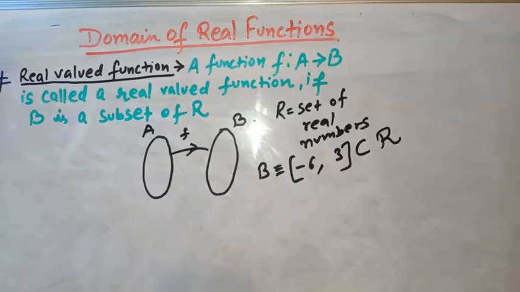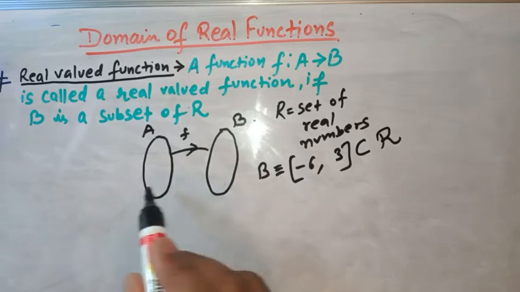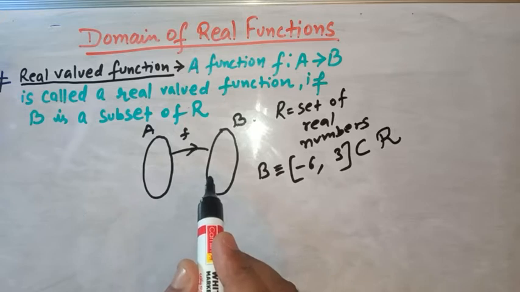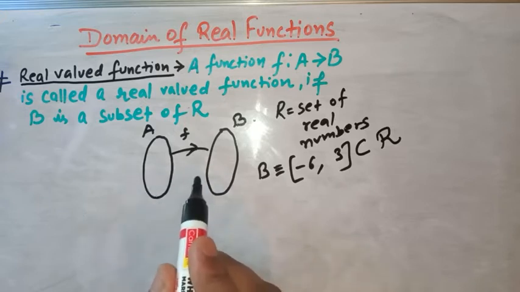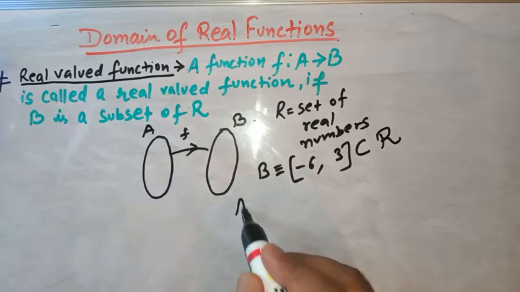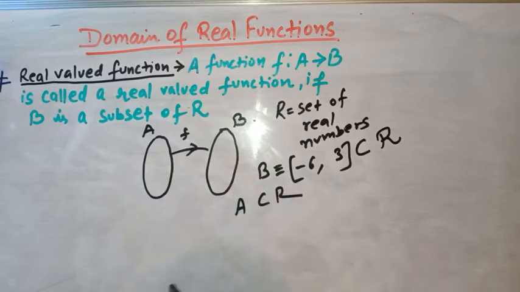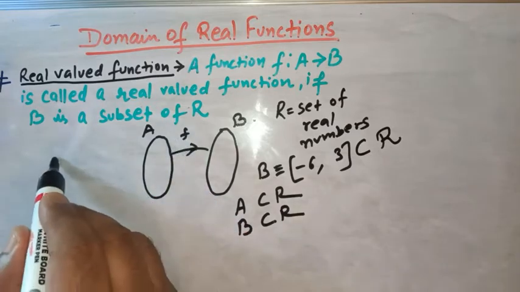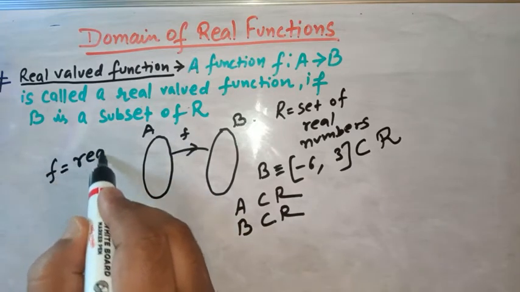Now if A and B are both subsets of R, for example A is also a subset of R, similarly B is also a subset of R, then this function f is called a real function.